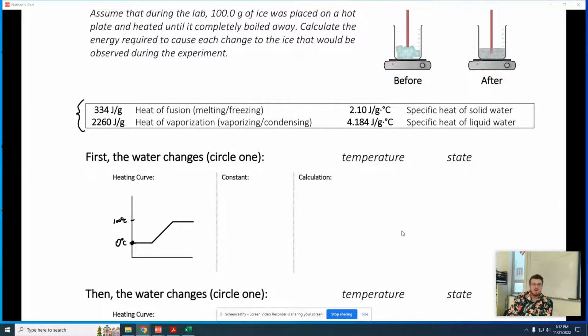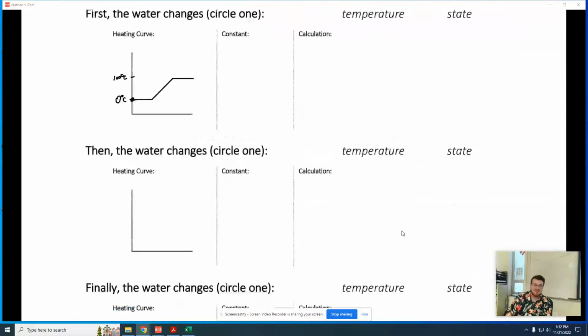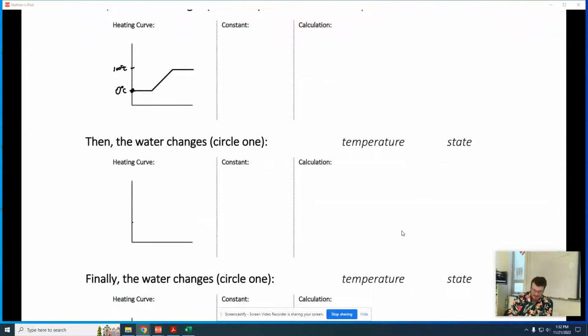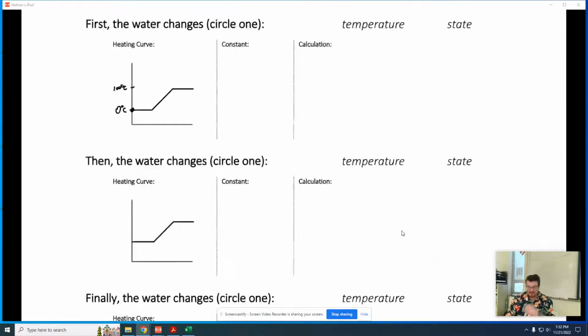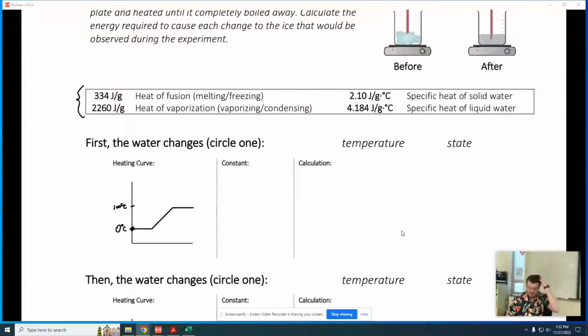So our heating curve overall is going to have this shape. I'm going to copy down roughly that same shape in each of these portions of my graphs. Rather than just drawing one specific section, I like to have the whole heating curve in front of me, and then we're going to highlight the relevant areas.